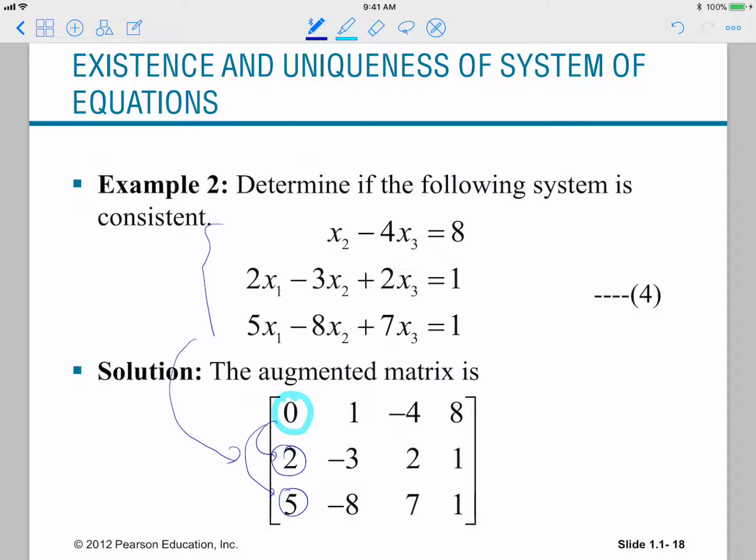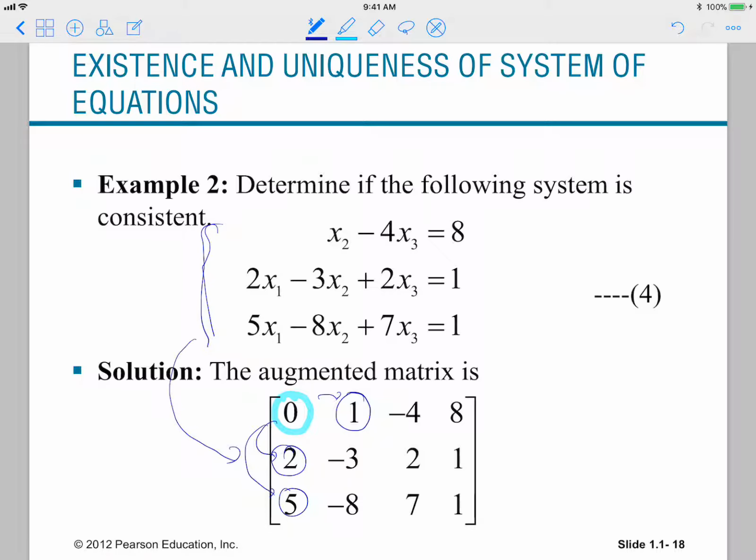Our other option is to use this value, but in that case it violates our rules, because we would start with the second variable, not the first one. We always want to start with the first variable. How can we do it in this case? We simply change the order of the equations.